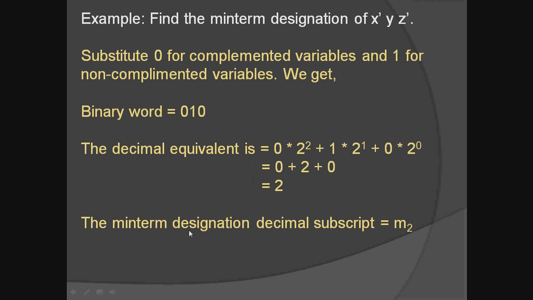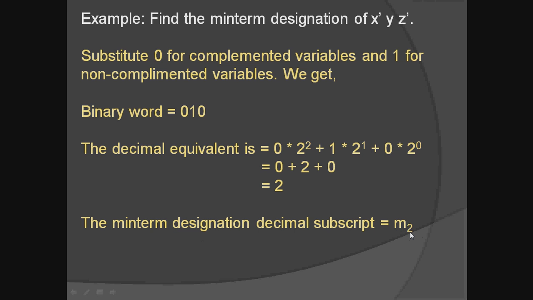So now the mean term designation or the mean term notation, decimal subscript, equals m2. We have seen that if you look at the truth table in the previous video, you will see that the decimal column is 2 and the mean term designation will be m2. If the decimal number is 7, the mean term designation will be m7.